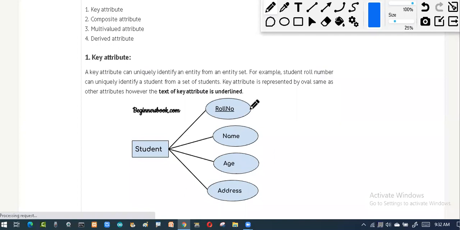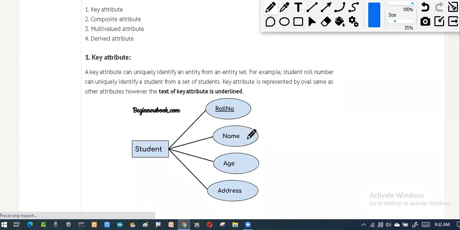Okay, then coming to the next attribute, called composite. The composite says that an attribute has multiple sub attributes. Those attributes are called composite attributes. In our case, with the same example, student: roll number, name, age, and address.